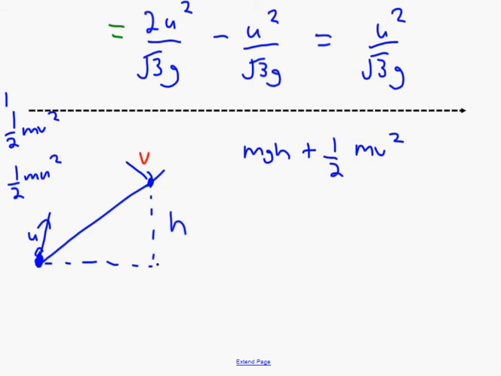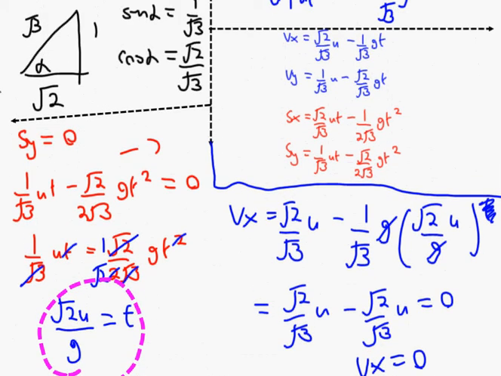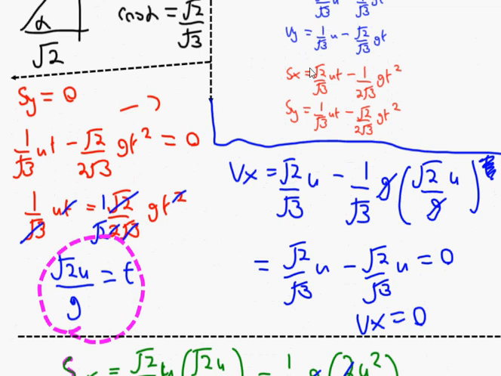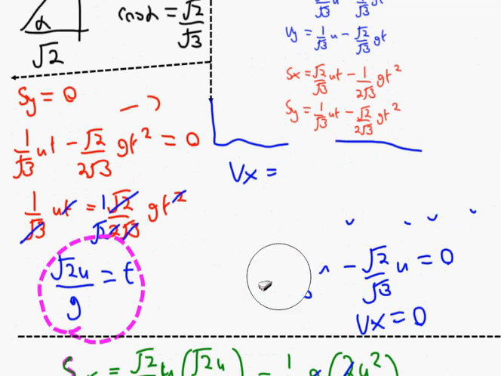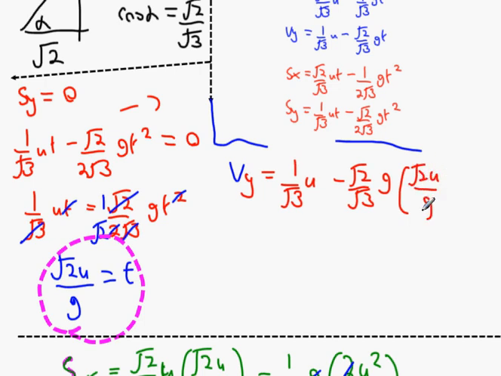Now, what we learned earlier is that the Vx equals 0, yeah? So we're going to have to find out what Vy is. So we're going to go back up to the top and look at Vy. I'm just going to rub out the Vx equation because I don't need it. I know it's 0. So Vy at the time of flight is 1 over root 3 u minus root 2 over root 3 g multiplied by t, which is root 2u over g.